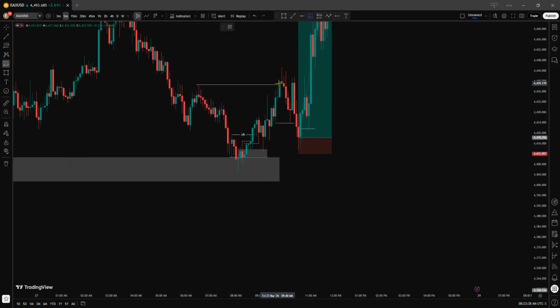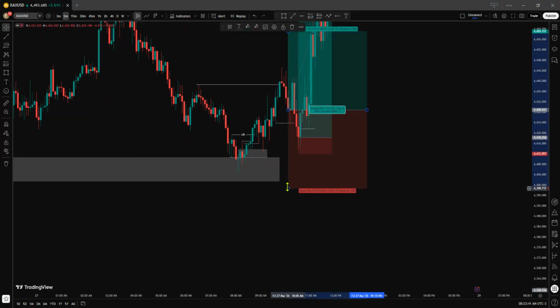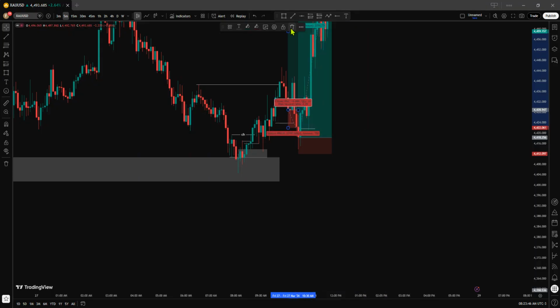I took a trade from this one thinking it wouldn't hold, but I'm going to tell you guys why this didn't hold. After this break, the first pullback was this one, so this is already tested. The one that isn't tested is this zone right here.